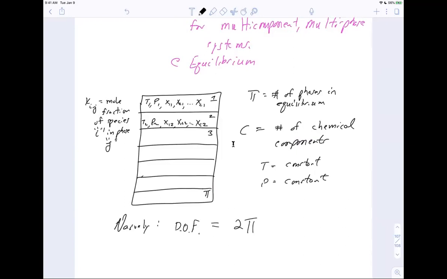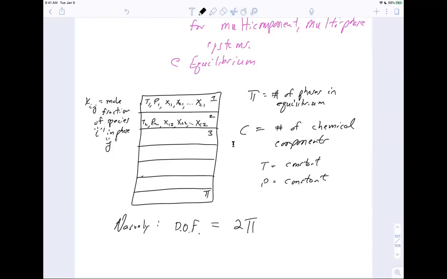And that 2 pi is the temperature and pressure for each phase. That's like what I've shown here with T sub 1, P sub 1, and T sub 2, P sub 2, all the way down to T sub pi, P sub pi. We could say that, right? So for each one of the pi phases, we have a temperature and pressure, so that's 2 pi. Let's begin naively. It's always a good place to begin. We have 2 pi degrees of freedom. I could specify a temperature and pressure for all of those phases.